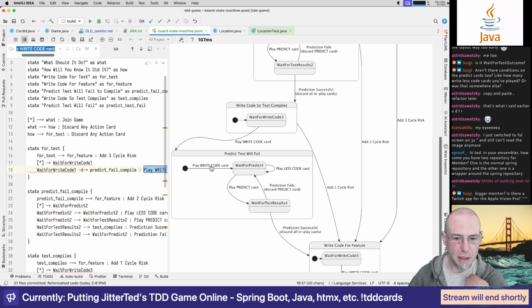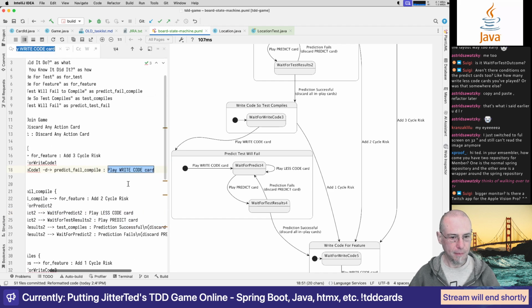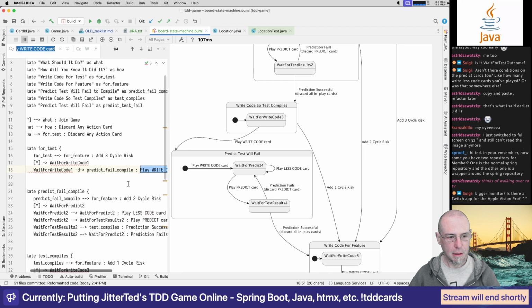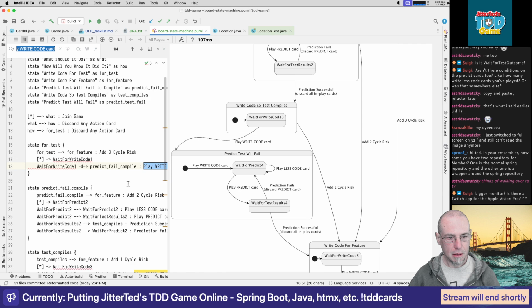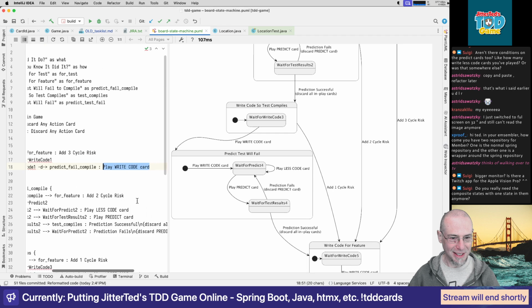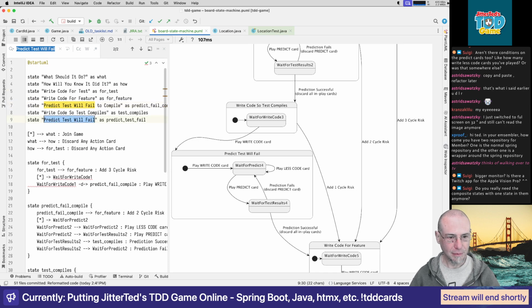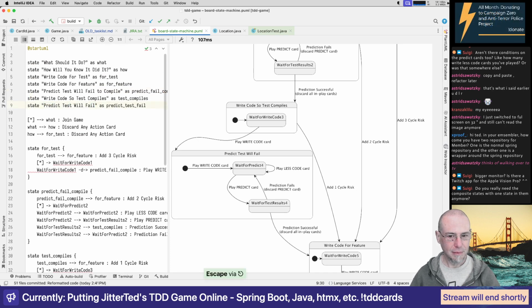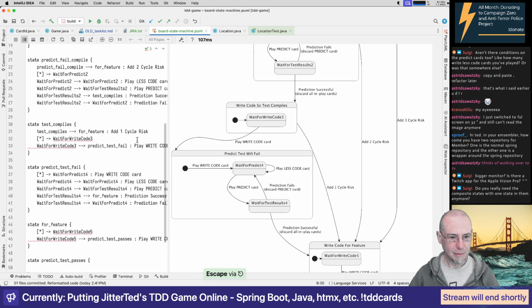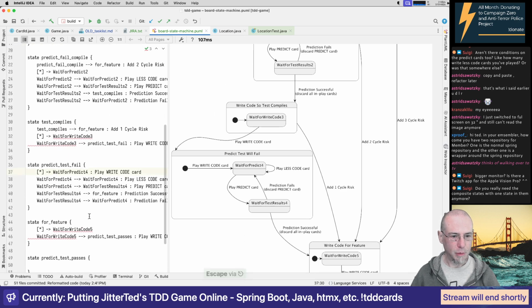So this play for write code is wrong. Oh, that's interesting. It did a search. It's actually the wrong one. It's actually not that one. Predict test will fail. That's this one. Wait for predict.